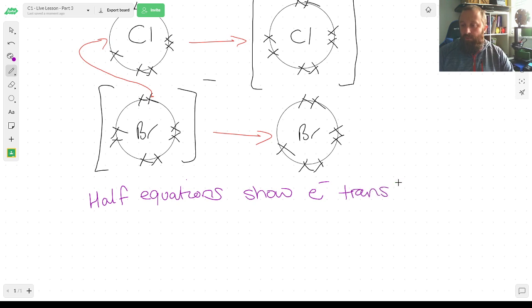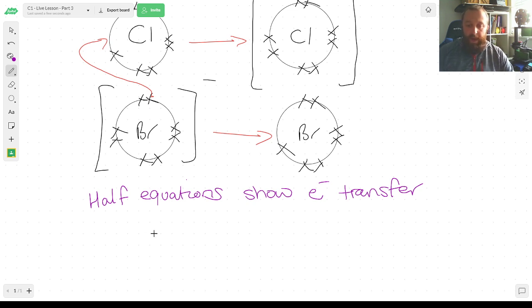So you'll notice when I write these half equations out, I'm not going to include potassium, because potassium doesn't change charge. It's a spectator ion. It doesn't appear in the half equations. It only appears in the full equations.